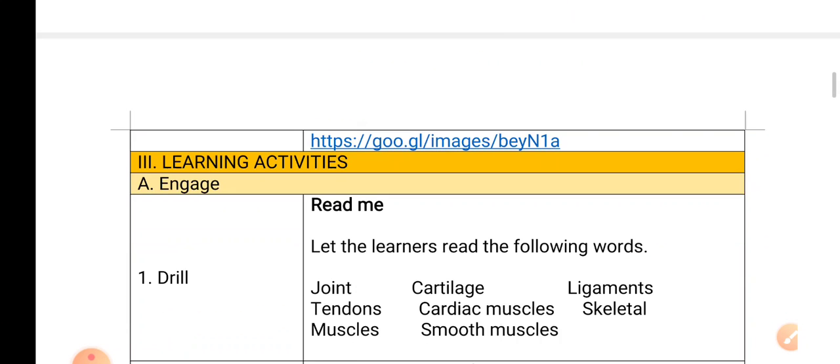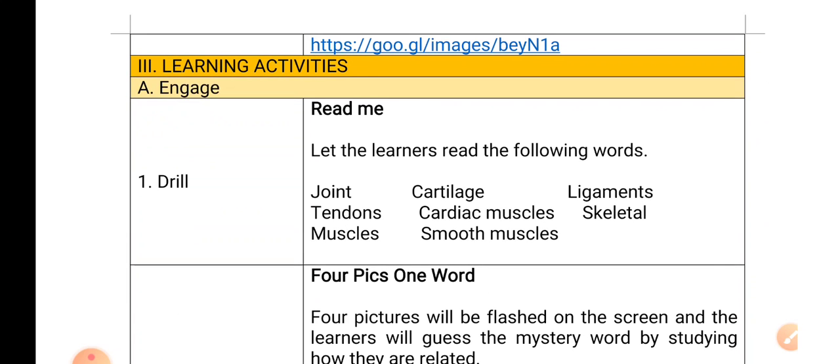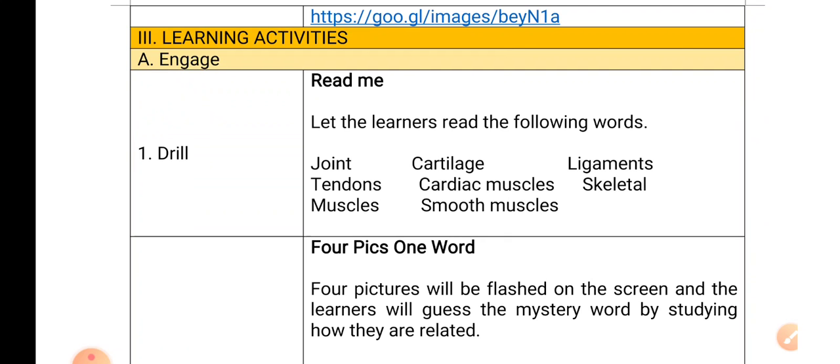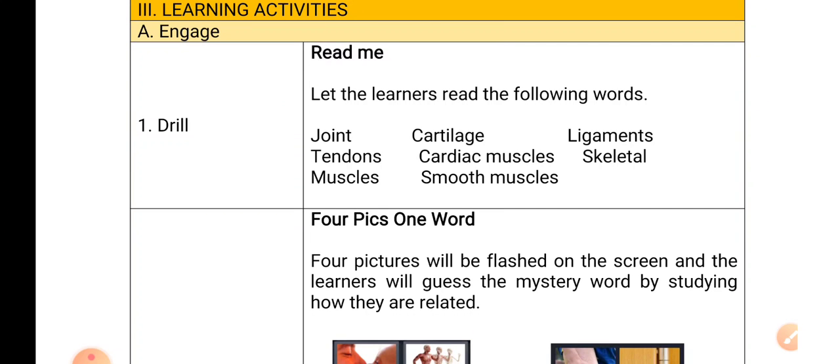And now, dito na tayo sa learning activities. So, here in engage, we have the first one, drill. So, you may have drill or pwede ring wala. But here in our class, you need to have a drill. So, a drill, it could be connected with your lesson for the day or some sort of energizer to your students.